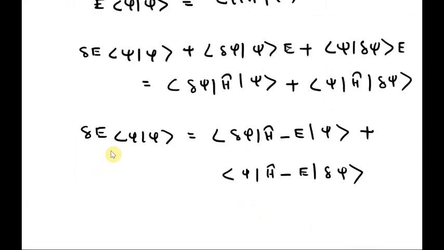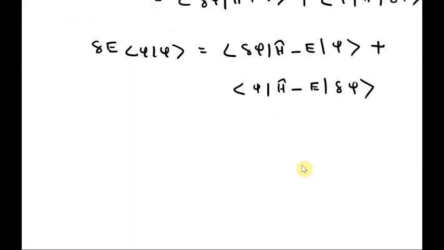So this quantity is going to be 0 according to our variational scheme. This is something that we have to make 0. That variation is 0. This quantity is 0, which indicates that the RHS is 0. And you see the terms here, <delta psi|(H minus E)|psi> and <psi|(H minus E)|delta psi>, with the same operator, are just like an addition of two complex conjugates.